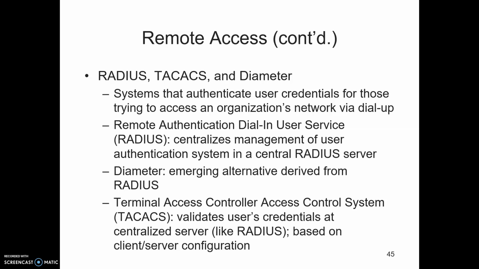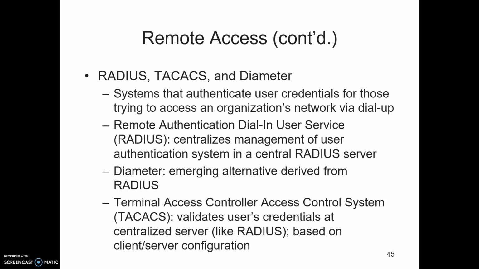Similar in function to the RADIUS system is the Terminal Access Controller Access Control System, which is TACACS. Like RADIUS, it uses a centralized database and validates the user's credentials at this server.